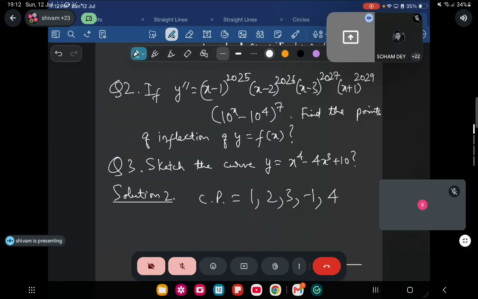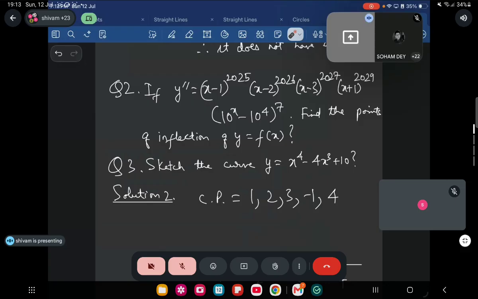We will just check the change in sign. Minus 1, 1, 2, 3, 4. Okay. Now, oh wait, making a mistake. So everyone, from where the graph will come?